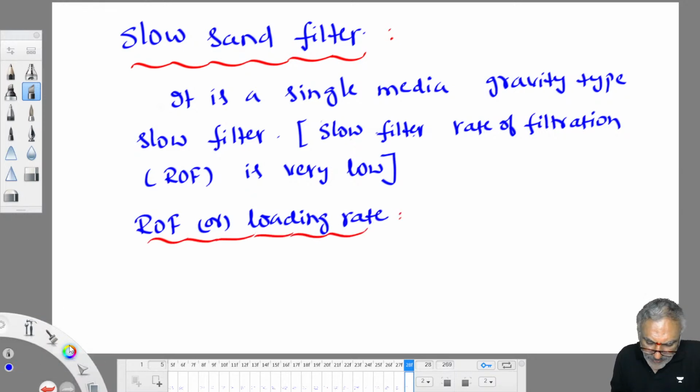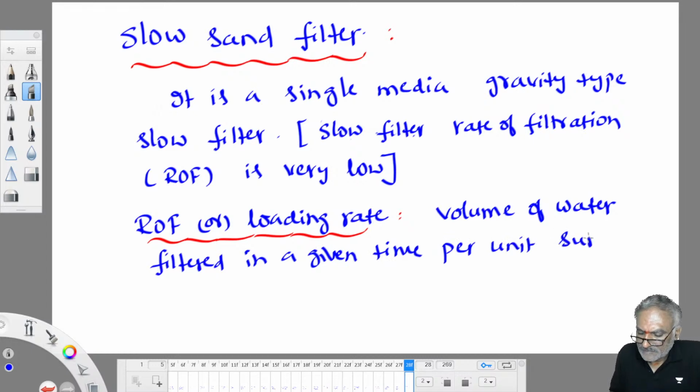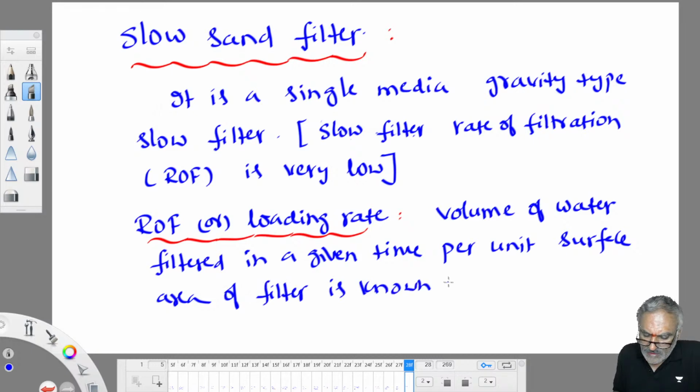It is the volume of water that passes through the media in a given time per unit surface area of filter. Volume of water filtered in a given time per unit surface area of filter is known as rate of filtration or loading rate.